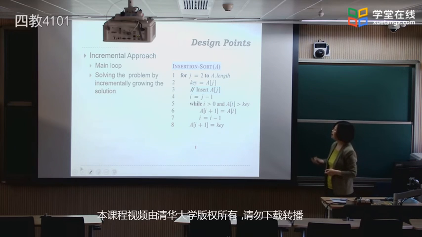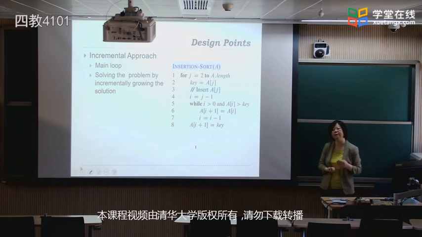So that's the idea of incremental approach. However, there's a very important assumption. The assumption is when we insert element Aj, we assume all the elements from A1 to Aj minus 1 are already in a sorted order. Is that a correct assumption?